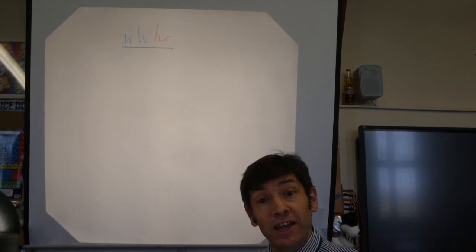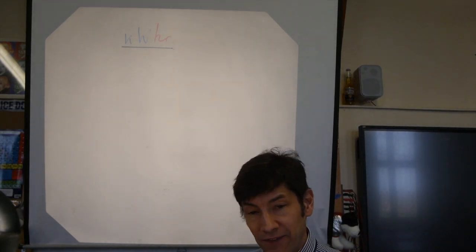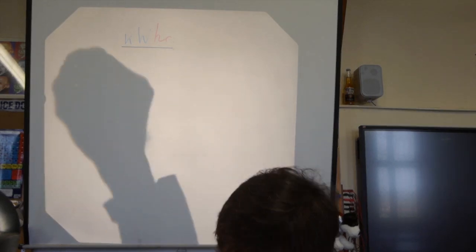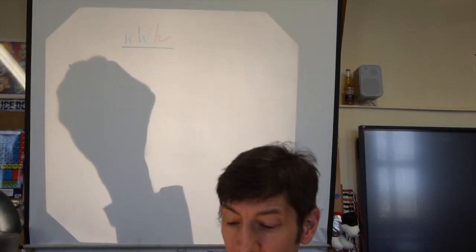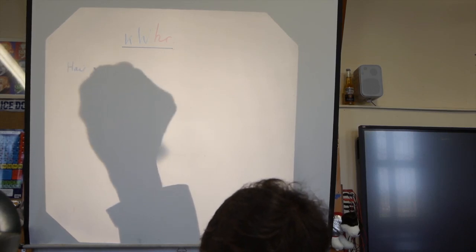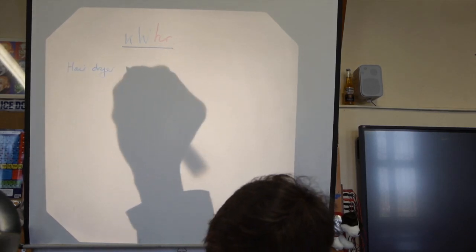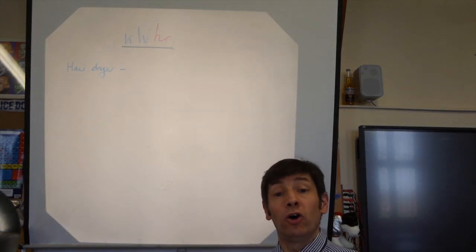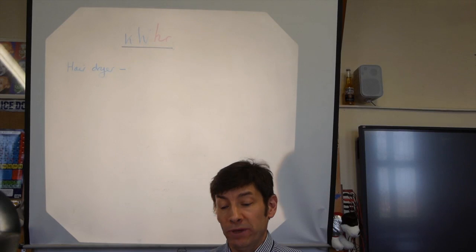Okay, so let's look at a slightly different calculation you might get, and this is a little bit harder. I'm going to give you an example here. Let's say that you have a hairdryer. You know that hairdryer, it's usually written on it actually, but in the exam it'll be given to you.